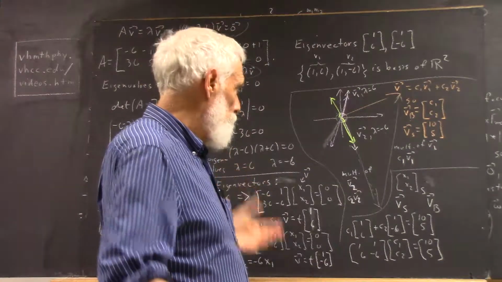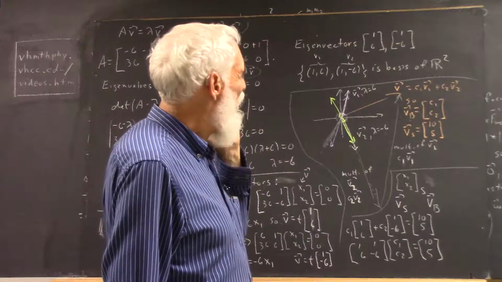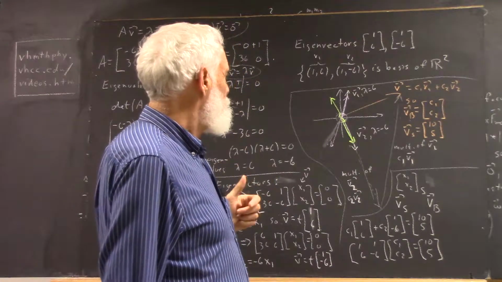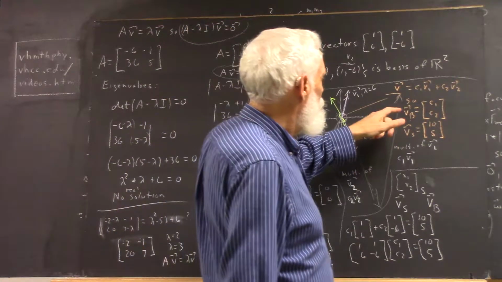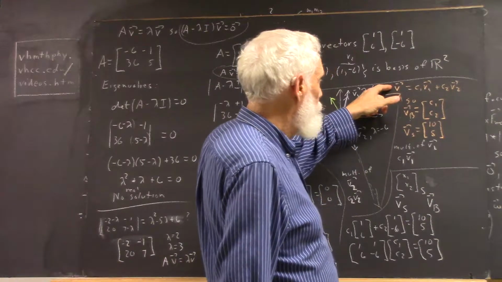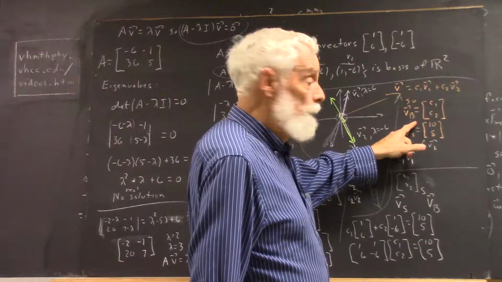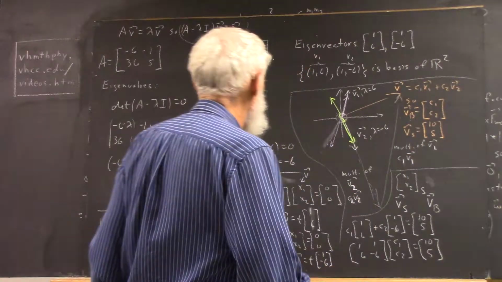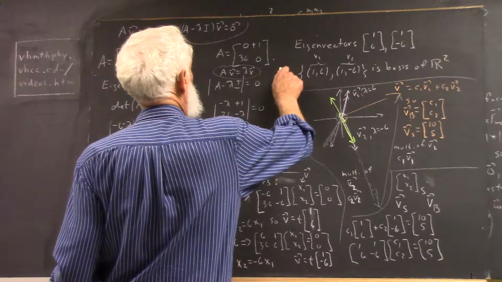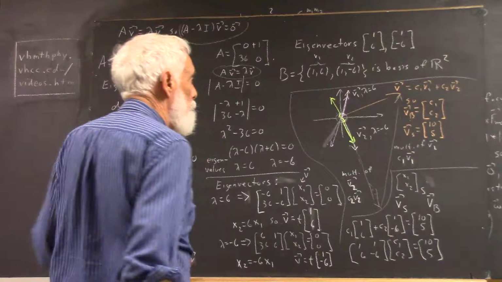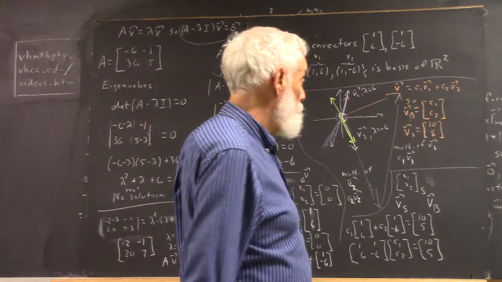Now, several things we can say about this. The representation of this vector V relative to the basis B, and let B be this eigenvector basis. Okay?